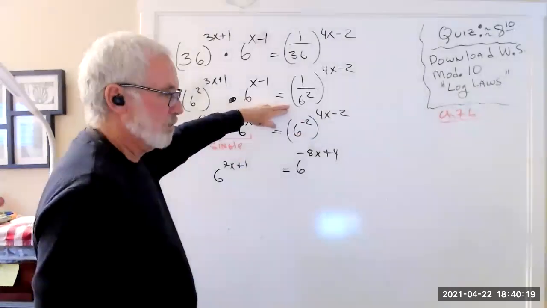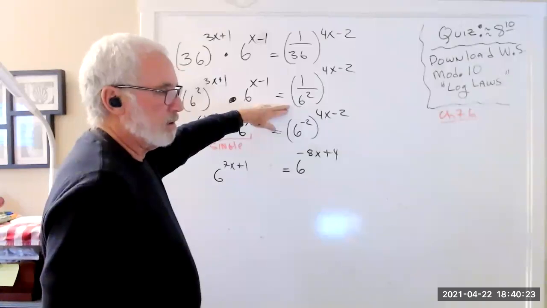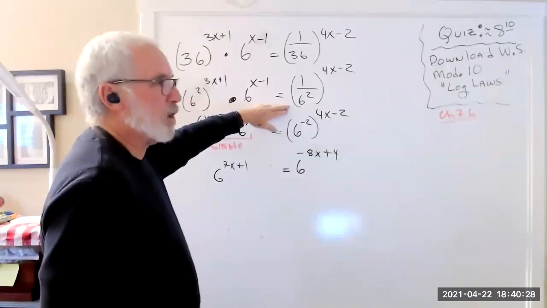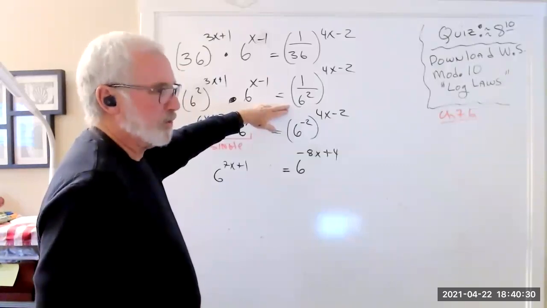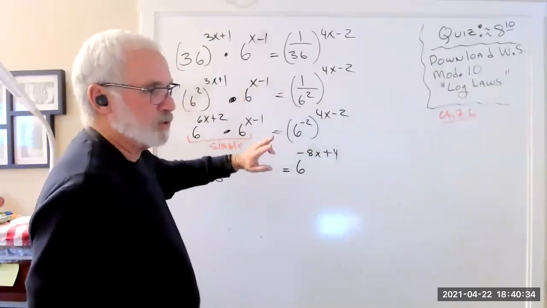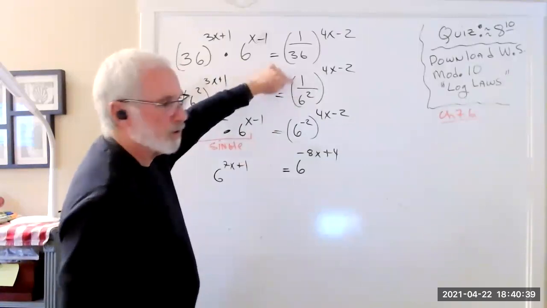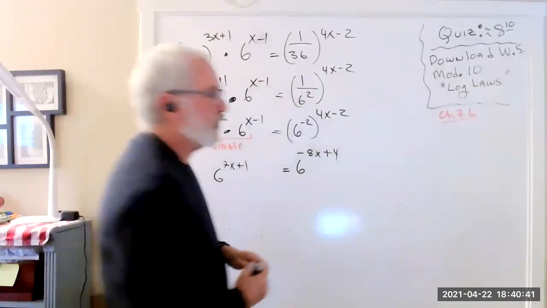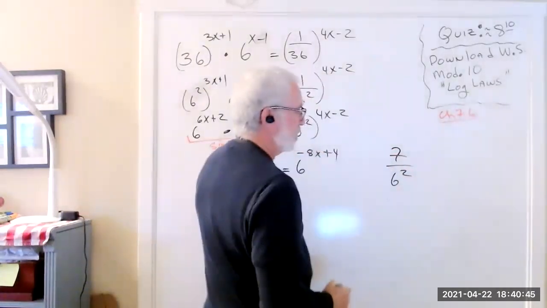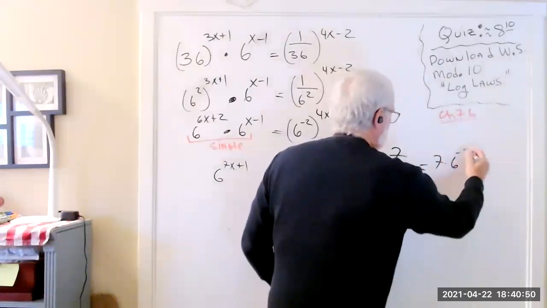Does the 1 over 6 squared only work if it's a 1 on top, right? Yeah, this problem only works if there's a 1 on top. But the flipping of a negative power works in any situation. For example, if you had 7 over 6 squared, you could call that 7 times 6 to the negative 2.